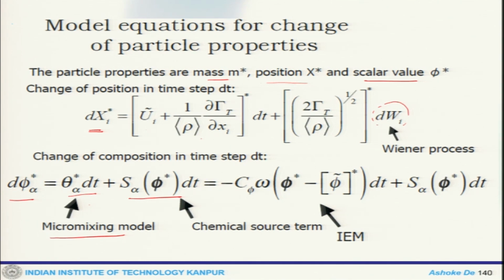The mixing model is closed using the IEM model, which we have already discussed, and then this is the chemical source term, which also tells you how much there would be a change in composition because of this time step change.